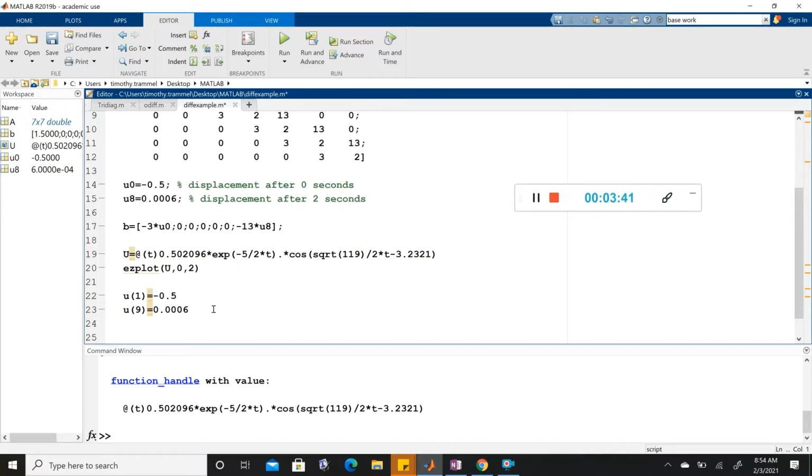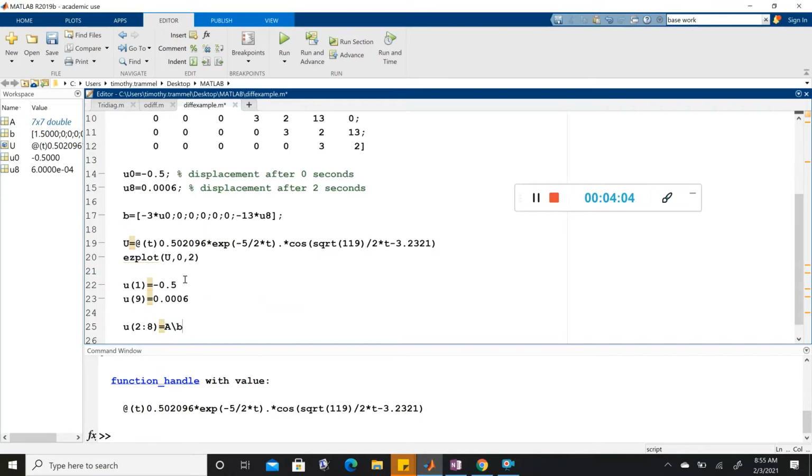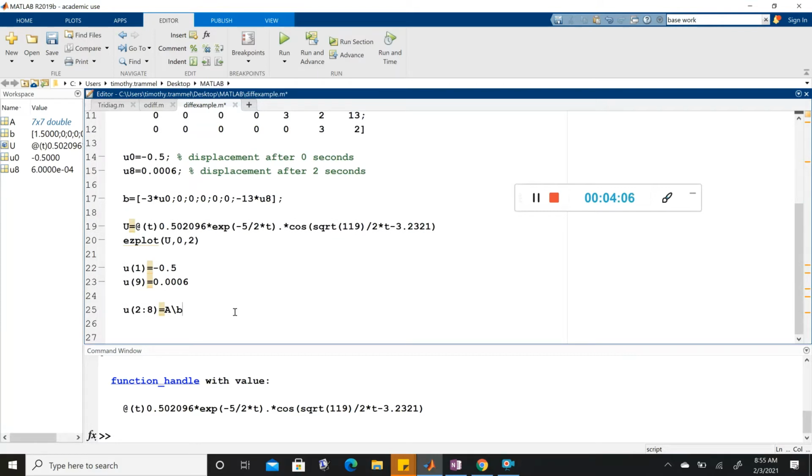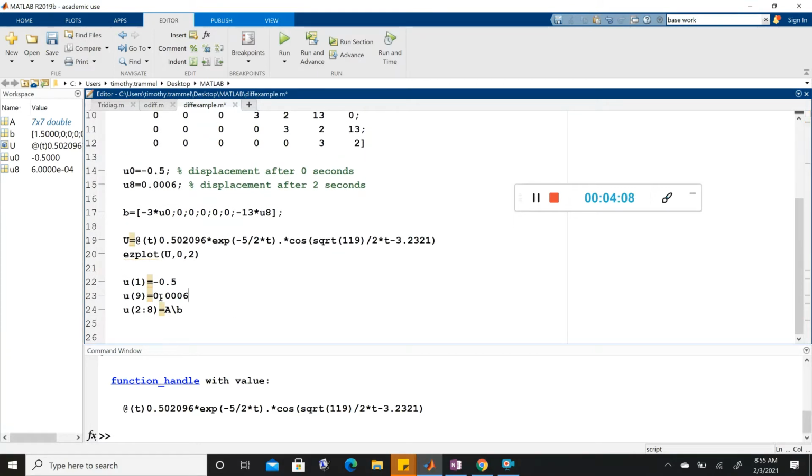And so what I'm going to do is note that what we really want to do is fill in the entries 2 through 8 with what we're going to get from this backslash command. So I'm going to just do A backslash b. Yep, and we called our matrix A, so good. So this should generate all of those displacements.